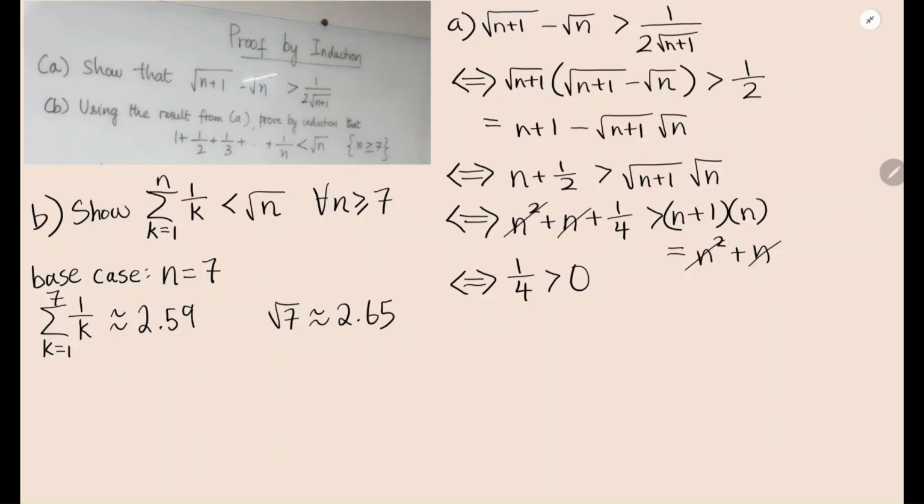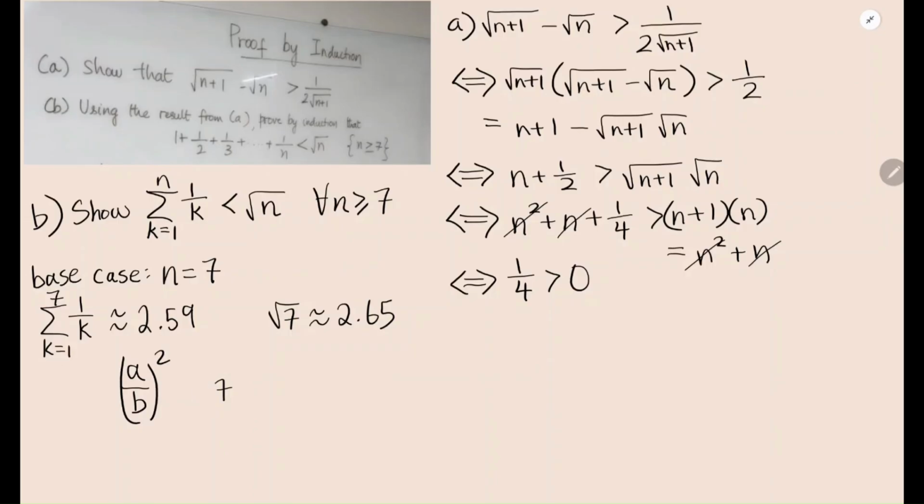And then the square root of 7 is approximately equal to 2.65. Now if you didn't have a calculator, let's say you sum up this part over here and you get something like a over b. Then you want to compare if this is greater than the square root of 7. Then you just have to square both sides.